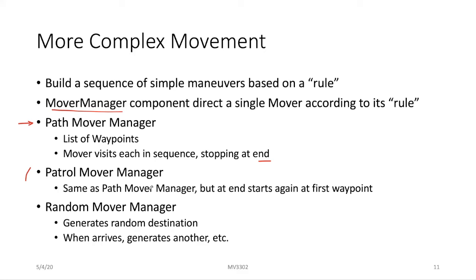So it's basically the same as a path mover manager, but at the end, instead of stopping, you start again at the first waypoint. In other words, the path mover manager might go from here to here to there, but then the patrol mover would go back to the beginning and do it all over again until somebody tells it to stop.